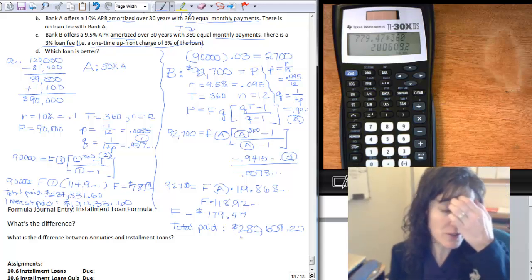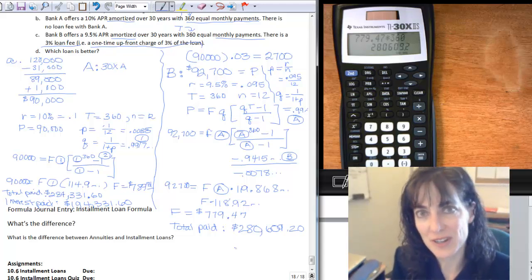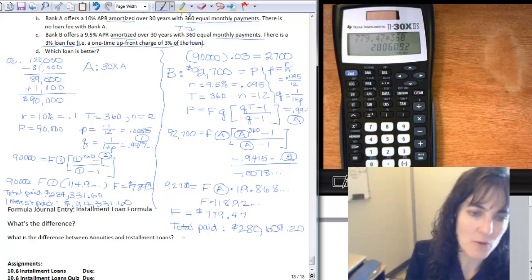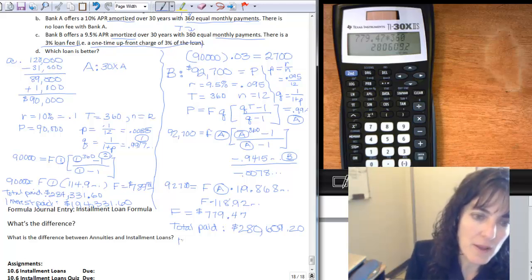So $280,609.20 that I paid over the life of this loan.